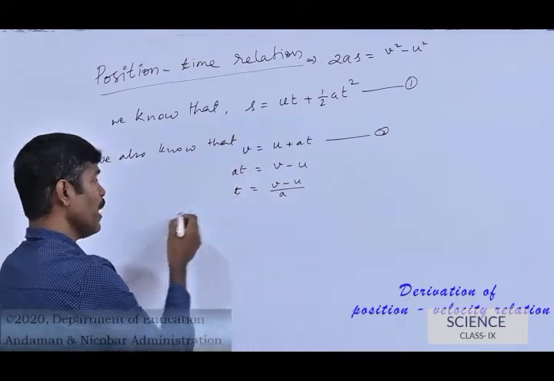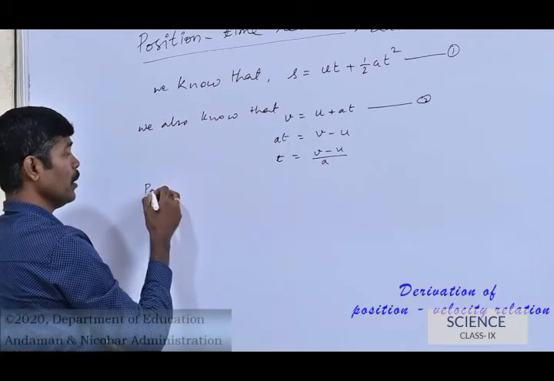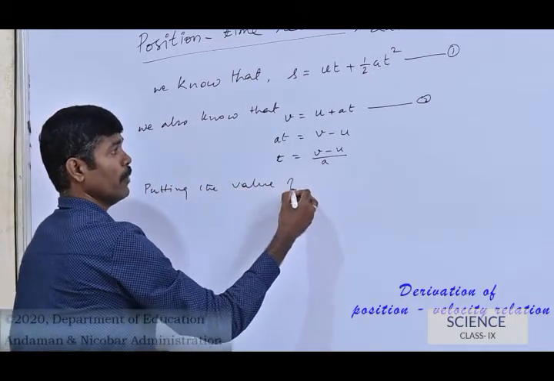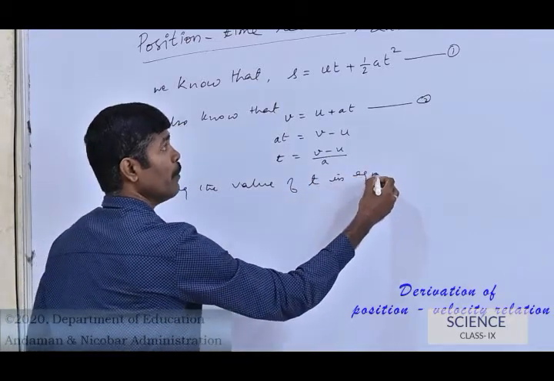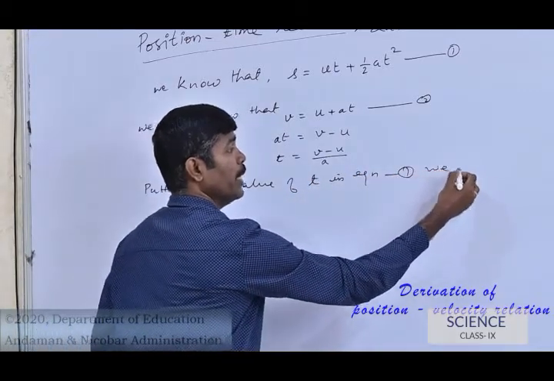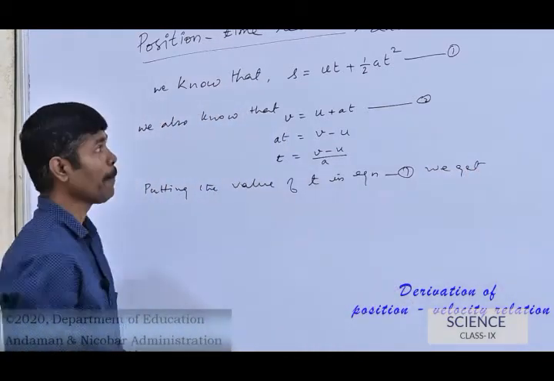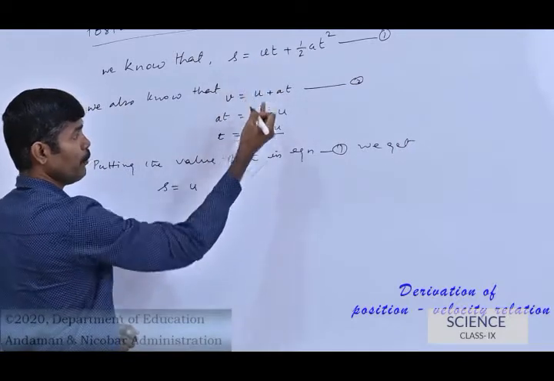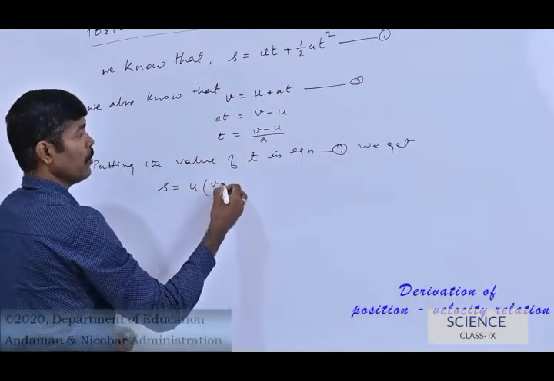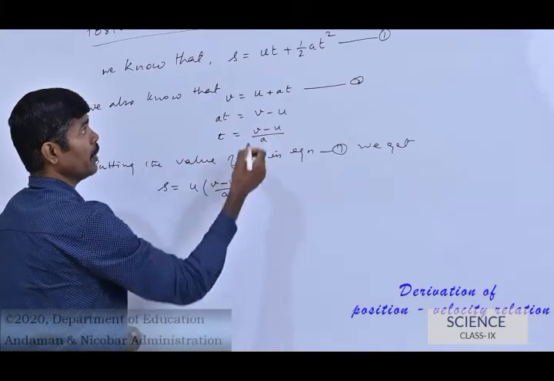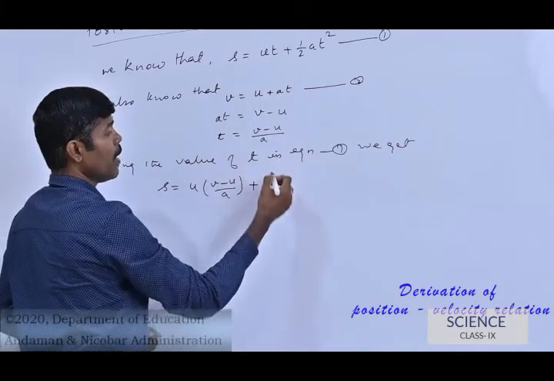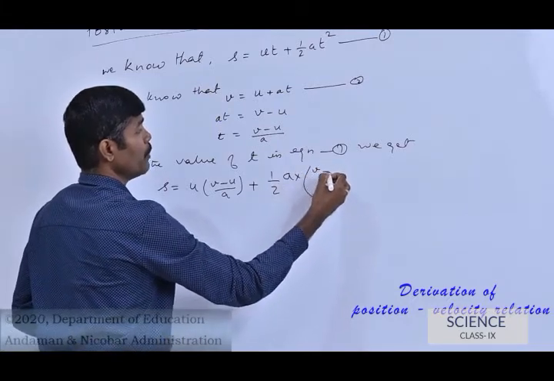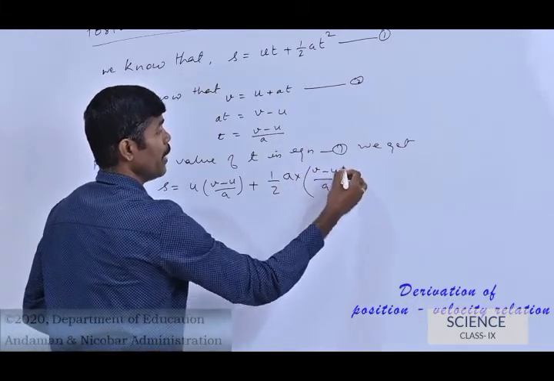Now putting the value of t in equation 1, what will we get? s is equal to u, in place of t we can write (v minus u) by a, then plus half a into t square, that means (v minus u by a) whole square.